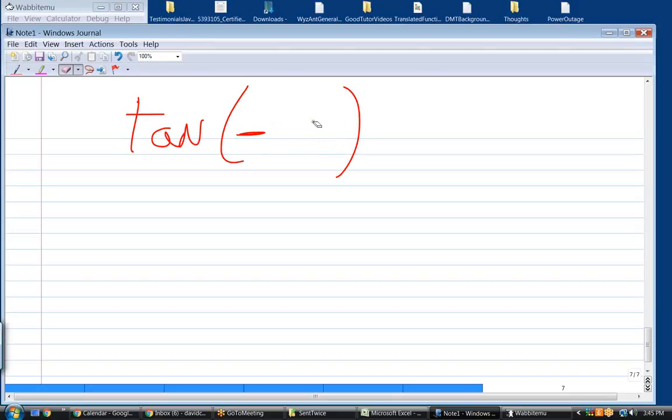All right. Now, if the problem is what is the tangent of negative 45 degrees, and they want a value for that instead of a reference angle, well, first of all, I can find the reference angle. What's the reference angle?